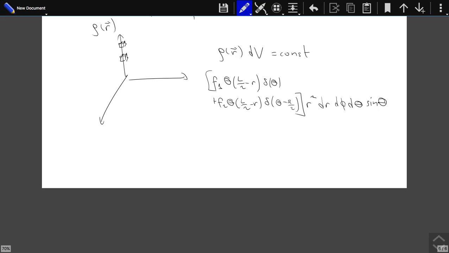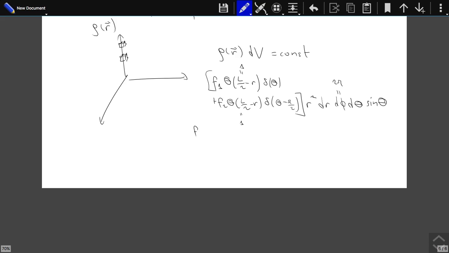Of course, we are integrating over a very small range, inside our rod, so the step functions are 1. This volume covers all values of phi, so phi brings a factor of 2 pi.